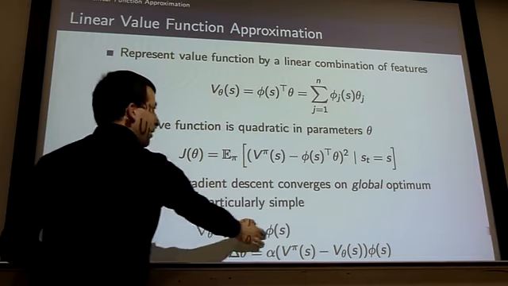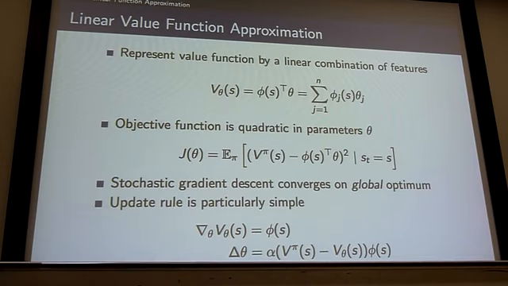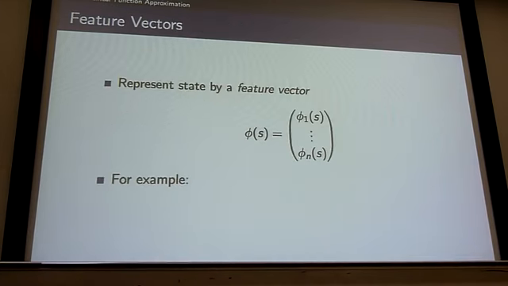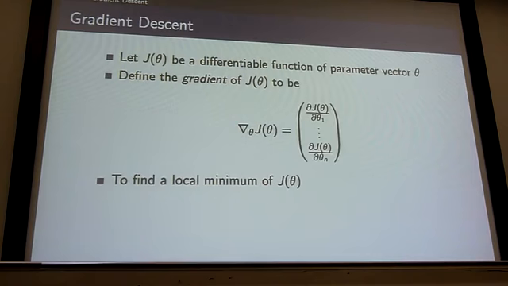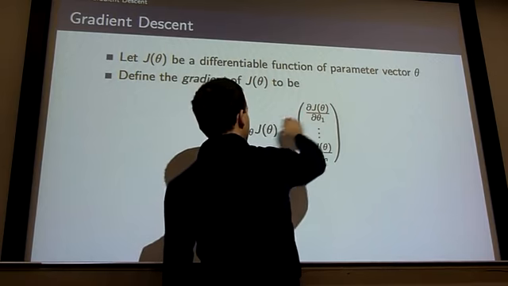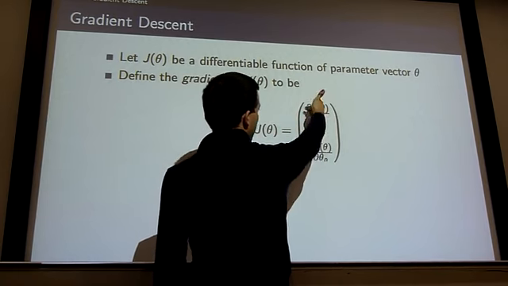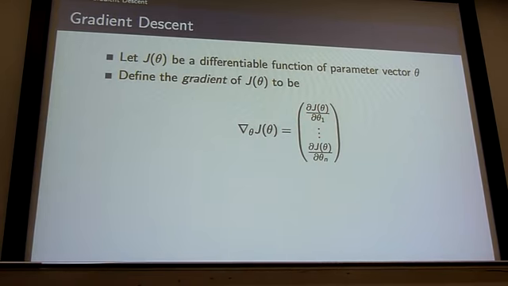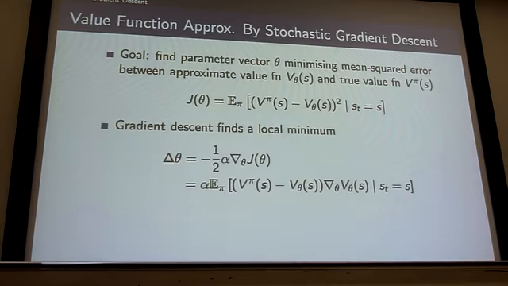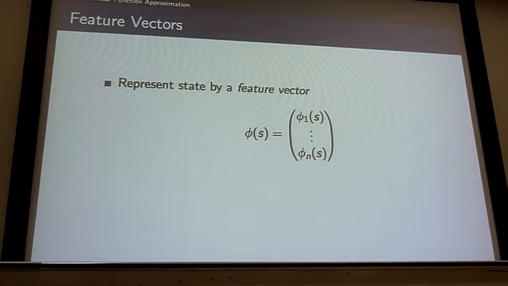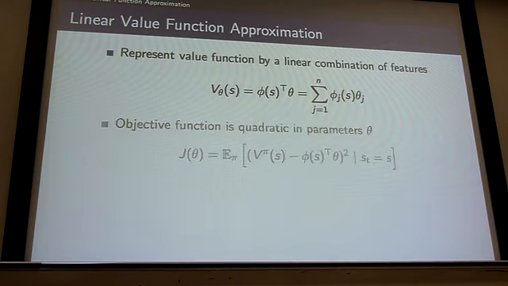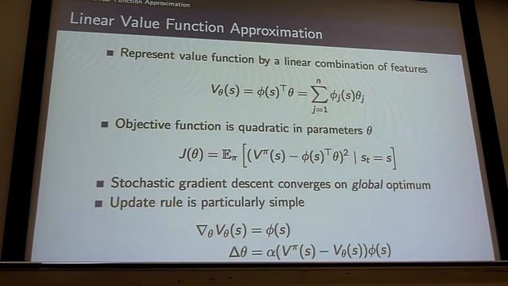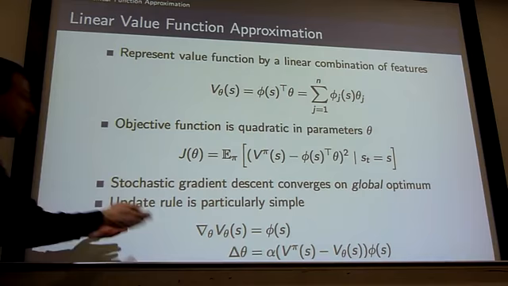So we're literally just going to plug that in. The gradient of this dot product is just the feature vector, it's just this thing here. And so the update rule becomes very simple as a result.